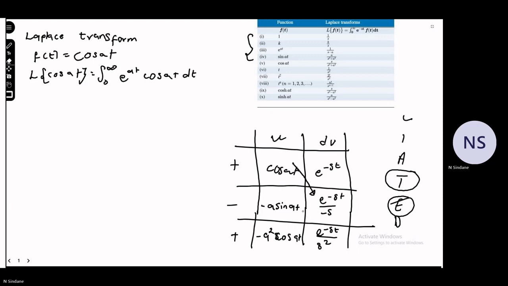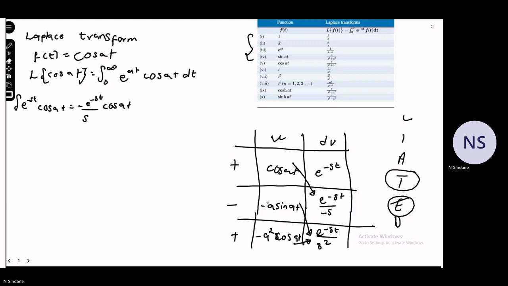So we're going to multiply this and that, multiply this and that, and finally multiply this and that, right? So if we integrate the integral of e to the power minus st cos of at, the first thing is going to be negative e to the power negative st over s cos of at, right?